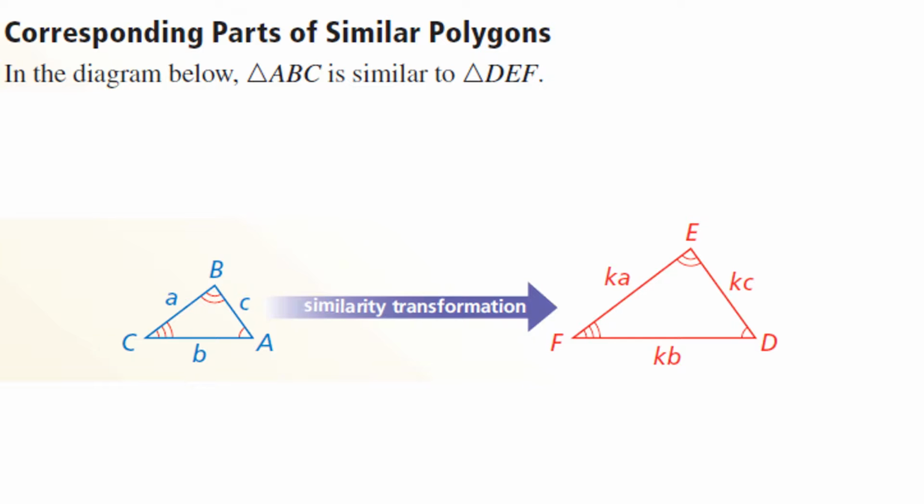Notice the first triangle has side lengths of A, B, and C. To be similar, I'd have to multiply each side by the same transformation factor. I'd have to multiply each one by the same number. In this case, the number is k.